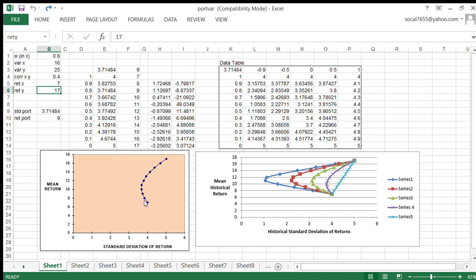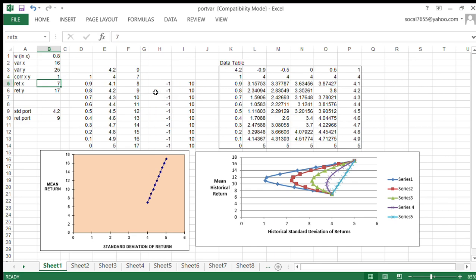And that's the point. Okay, so right here we see the behavior of the feasible set in the two-stock case when the correlation coefficient is 0.4. Let's set this at the greatest value it could possibly be, 1. And when it's 1, we see we have a straight line there. Interesting.